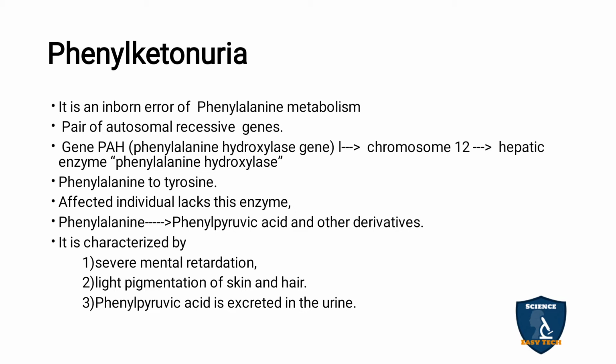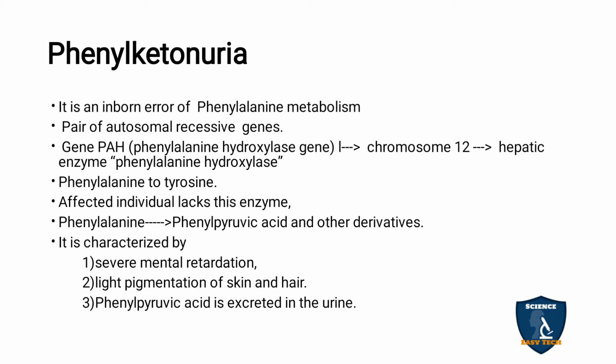So the particular individual lacks this gene to produce the enzyme. What will happen? The phenylalanine won't convert to tyrosine. Tyrosine is an amino acid. So it converts to phenylpyruvic acid and its derivatives.